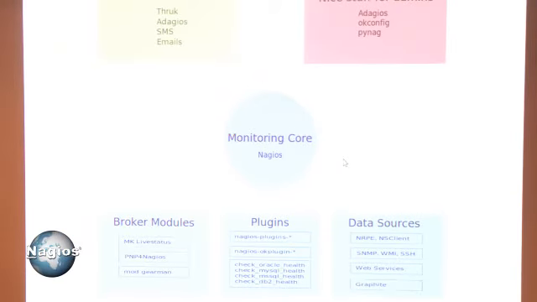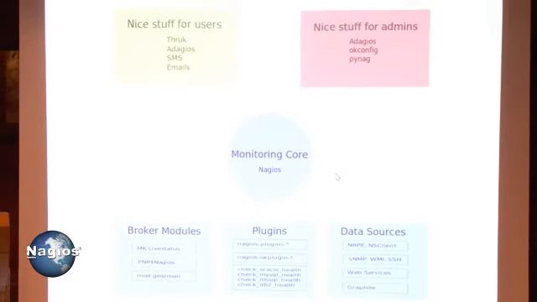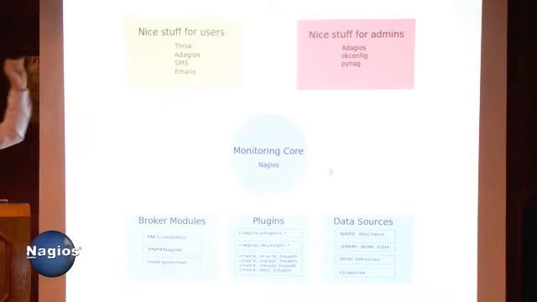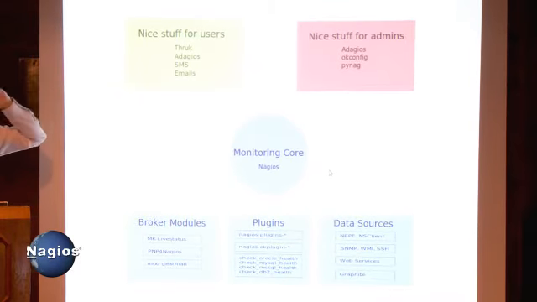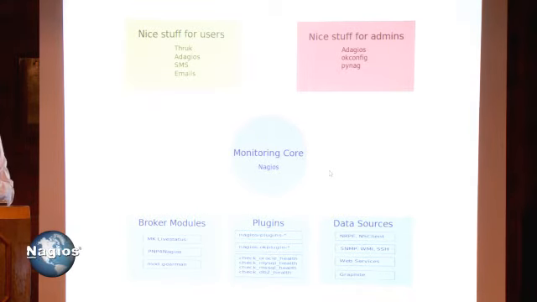Then usually we present some interface for users. So we use our own UI, Adagios, for users. And there's also this one here called Thruk. It kind of looks like the old CGIs for Nagios Core, but they're a little bit nicer and a little bit more dynamic.